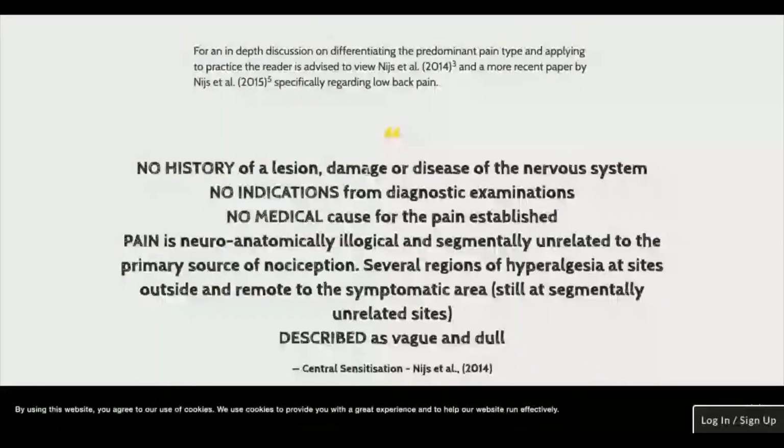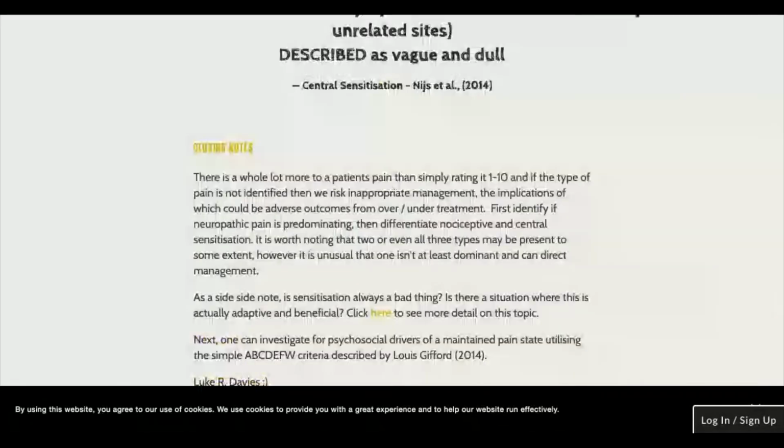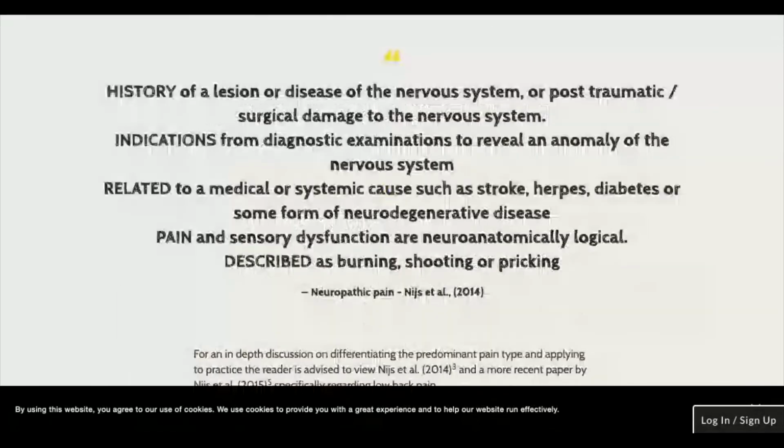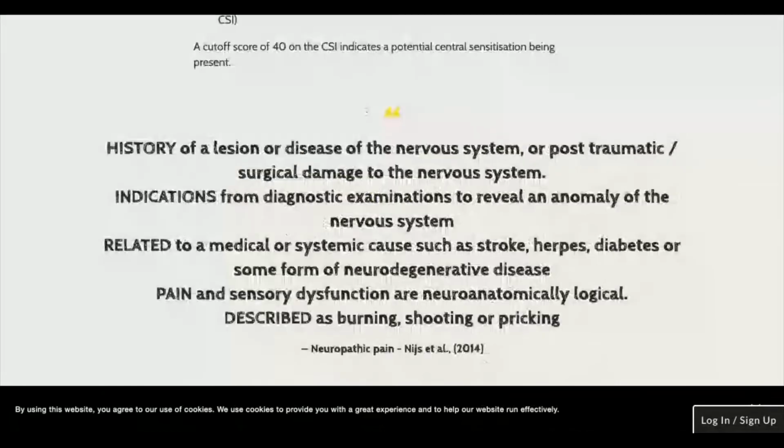I'm going to come down to the features that I've put into this article. Central neuropathic pain. We can do that because that is this, as I've outlined in this description here. It's where we're going to have a history of a lesion or disease to the nervous system, a major trauma, a mechanism of injury that is going to be in our exam.